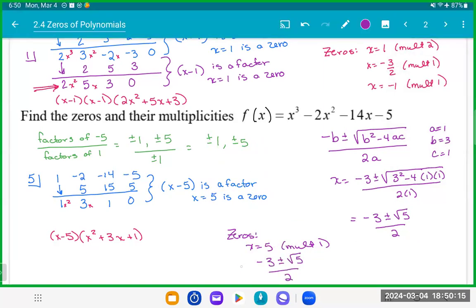And those also have a multiplicity of 1. Okay? Question.